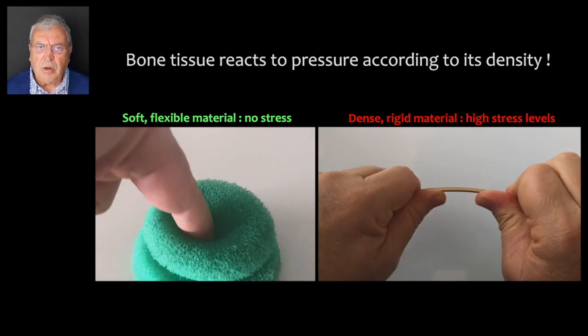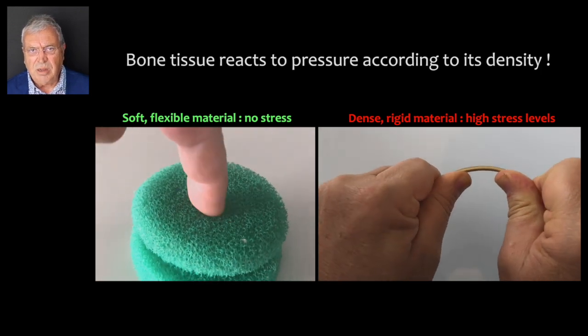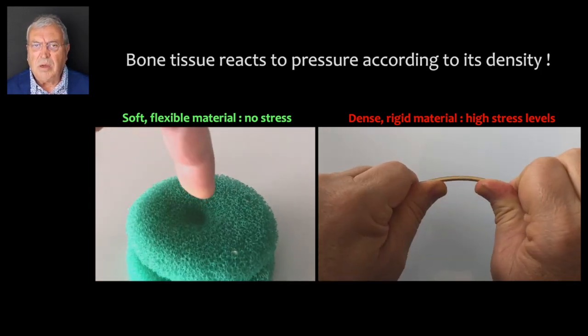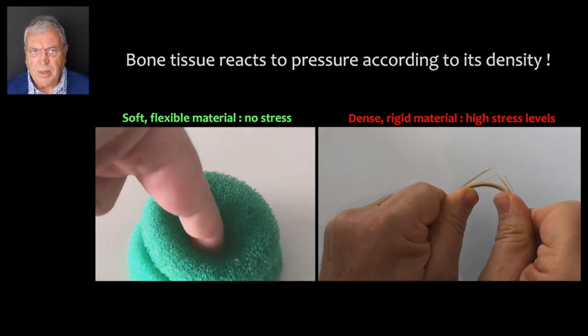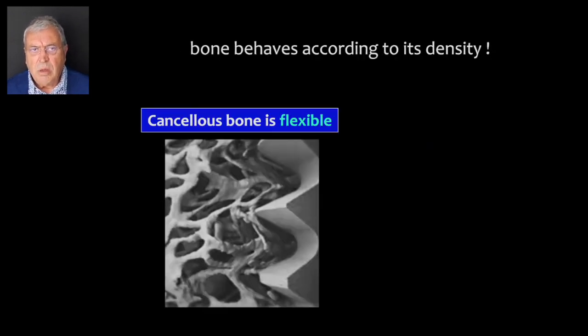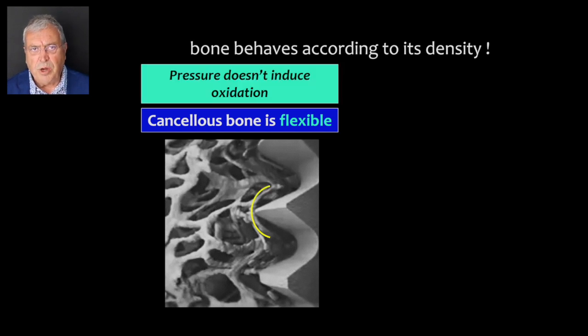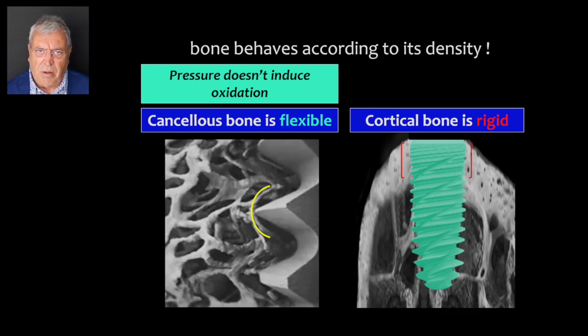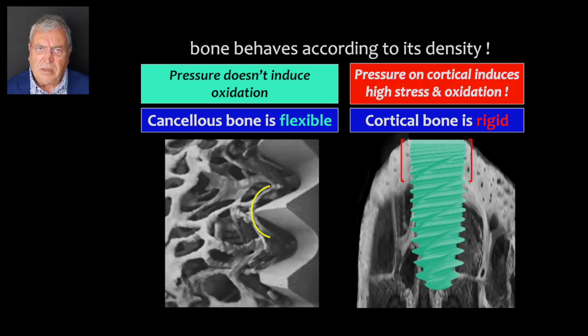But when the material is dense, rigid, we will meet a high stress. In cancellous bone, it's flexible, and the pressure will not induce oxidation. We can put torque on cancellous bone. But on the cortical level, this bone is very rigid, and the pressure will induce high stress and oxidation.